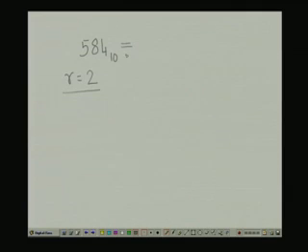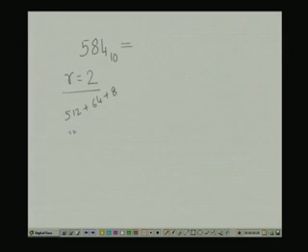My number 584 is simply 512 plus 64 plus 8.